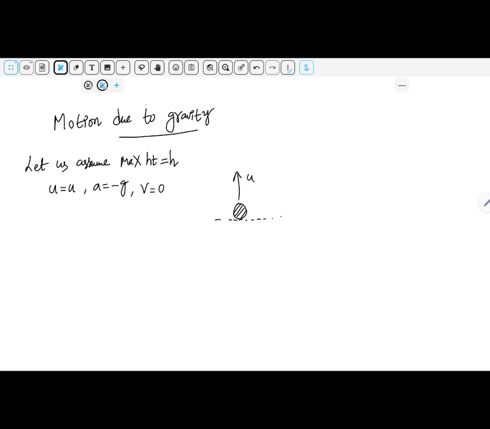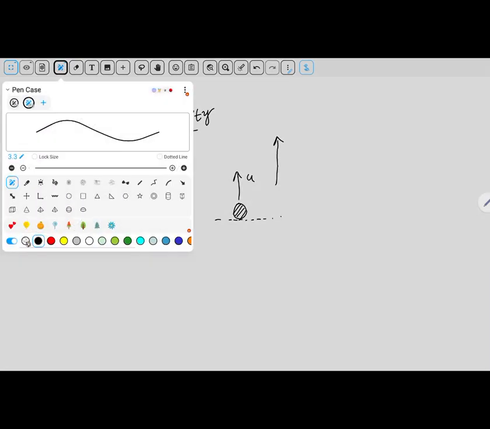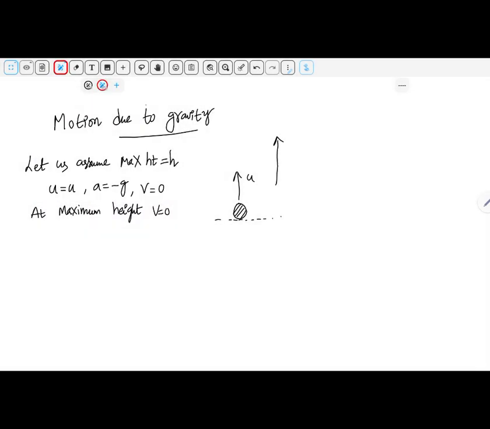The reason is at maximum height, the velocity is 0. Why? Because the object is moving vertically upwards. Okay, but the acceleration due to gravity is downwards.